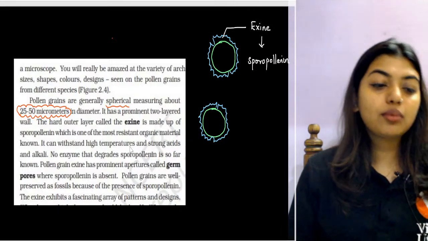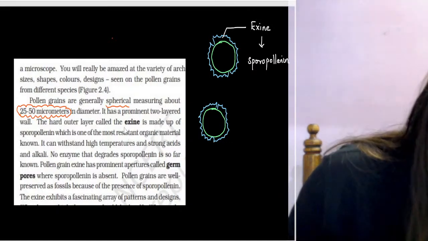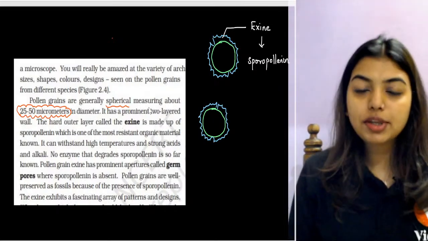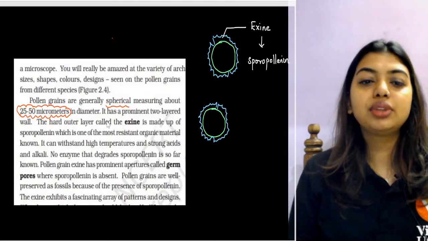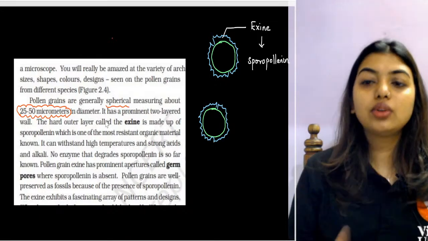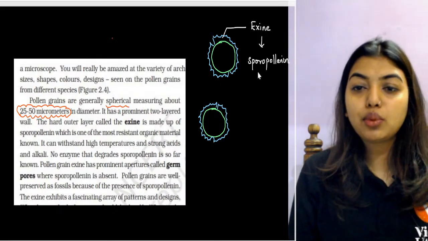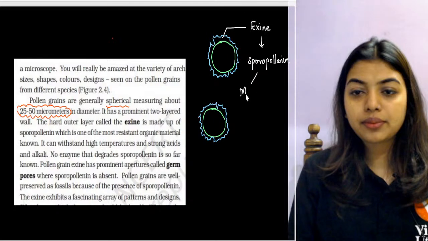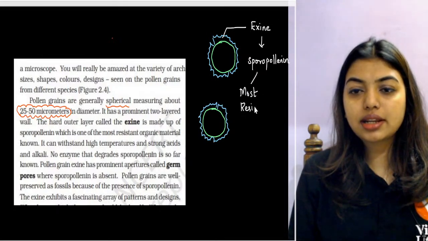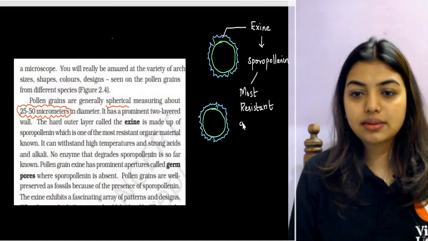Now, ma'am, what is so special about the sporopollenin? Let me tell you that sporopollenin is one of the most resistant organic materials to ever exist.